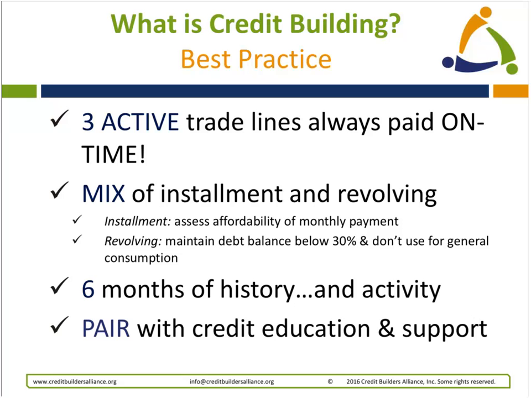In addition, our members have really recognized the importance of pairing access to responsible credit products with high-quality credit education, which in many cases takes the form of credit coaching or credit classes.